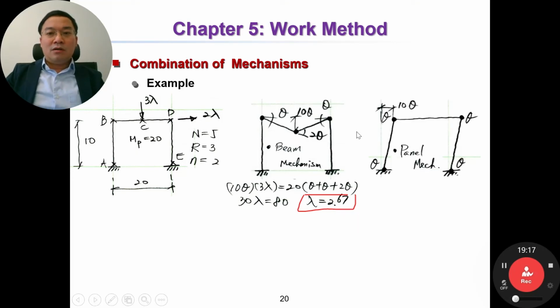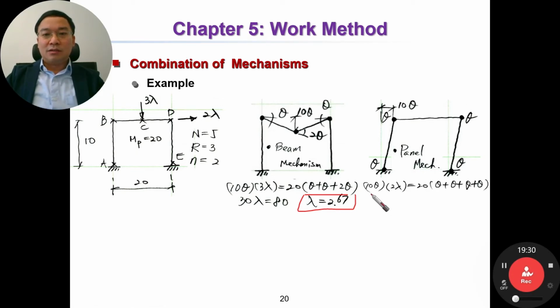For the panel mechanism, we also develop the work equation. This is the work equation corresponding to the panel mechanism. Solving this equation, we have lambda equal to 4.